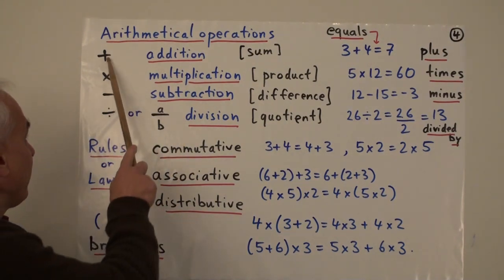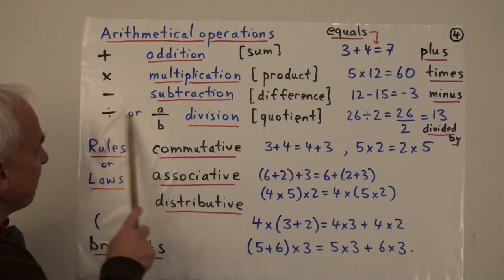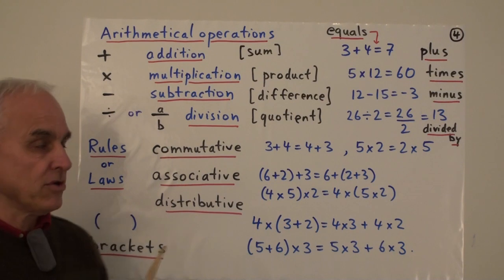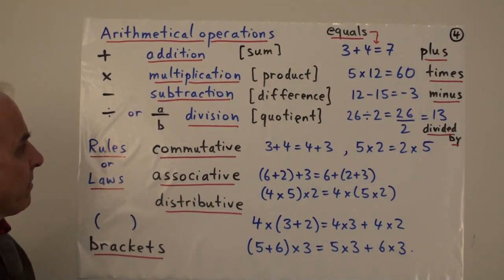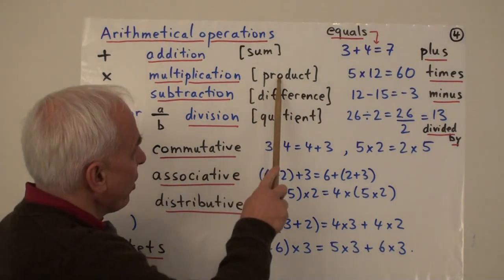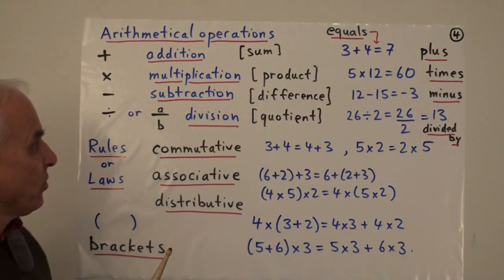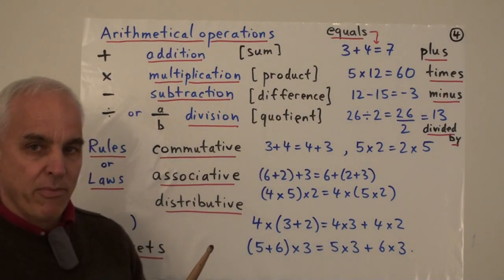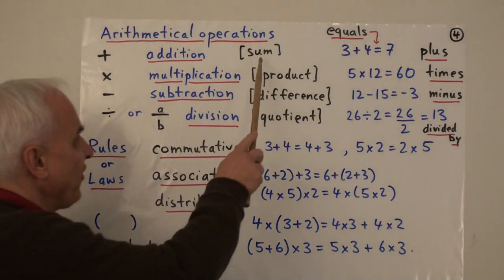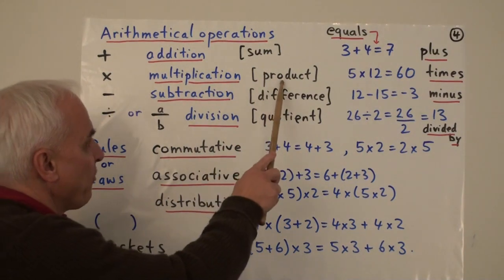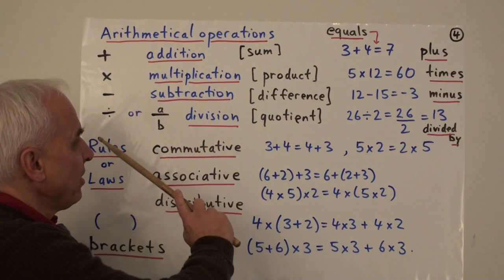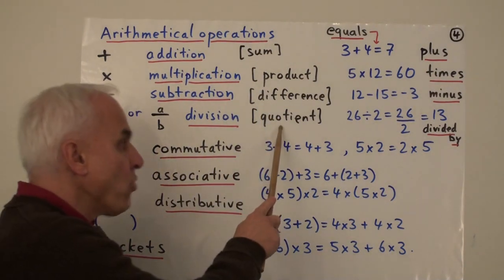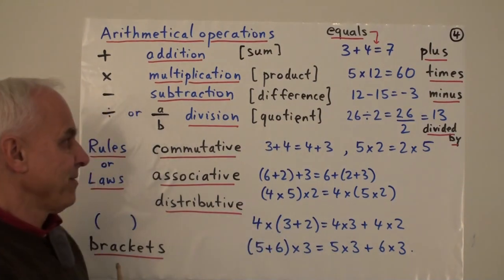And they each have their standard symbol, although division has kind of 2 different symbols that are used to describe it. We also have these words which refer to the outcome of performing an operation. The sum for addition, the product for multiplication, the difference for subtraction, and the quotient for division.